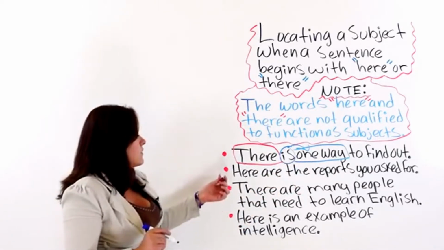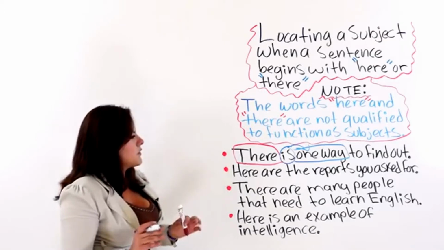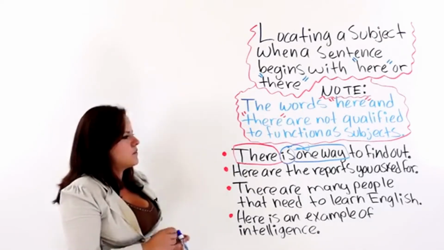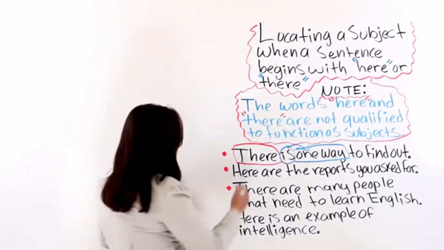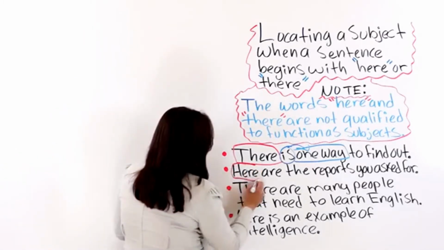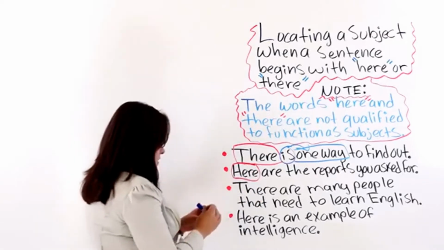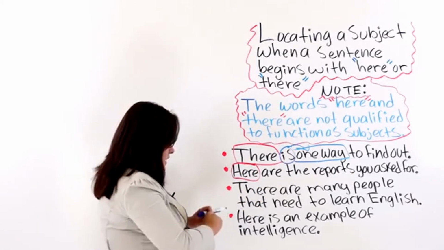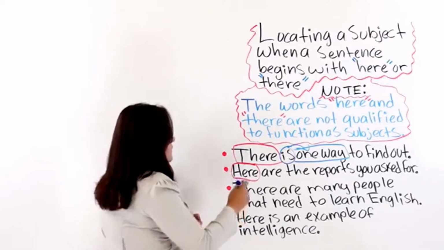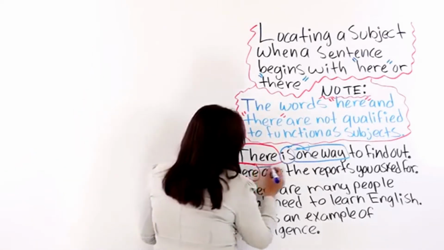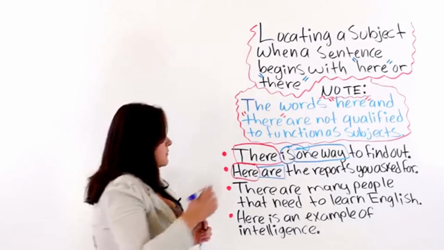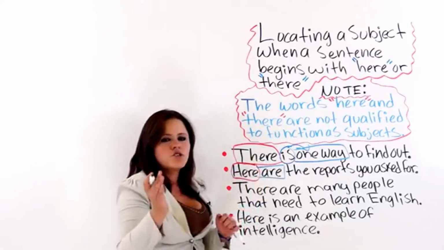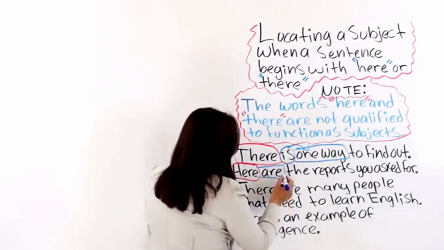Okay? The next one. Here are the reports you asked for. As you can see, we have here, but that cannot be the subject. We already know that. And the following is the verb. So we have to look at the words that come after the verb to figure out which is our subject.